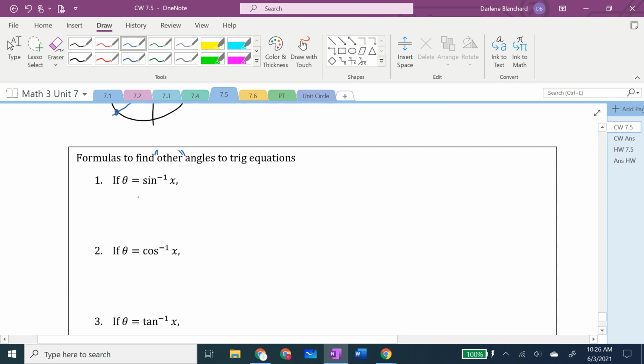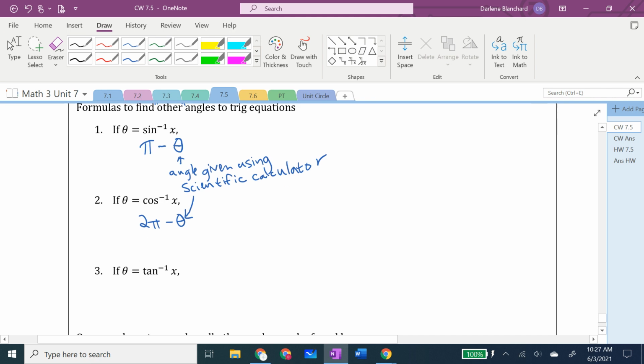If you're dealing with sine or inverse sine, then it's only pi minus the angle your calculator gives you. If you are doing inverse cosine, 2 pi minus whatever angle your scientific calculator gives you.